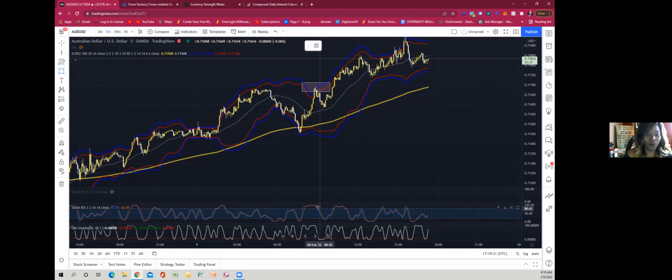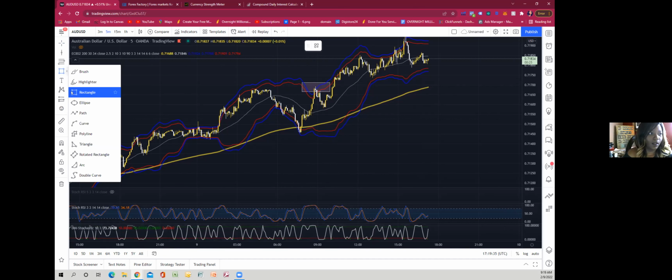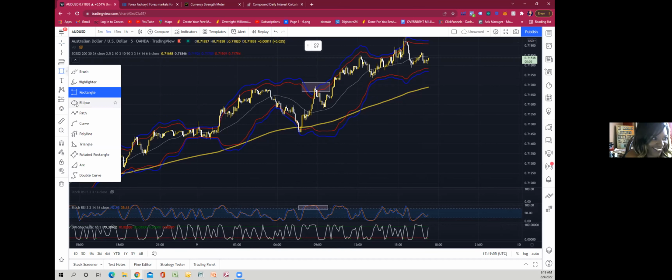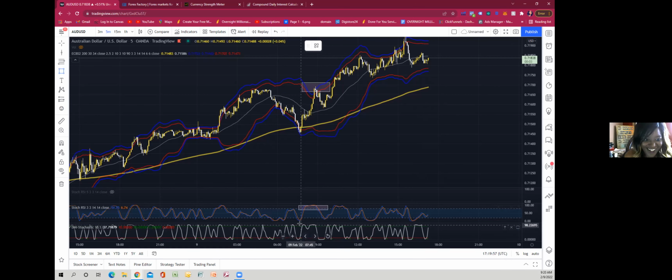And this is what we want to see as well. Overbought conditions.